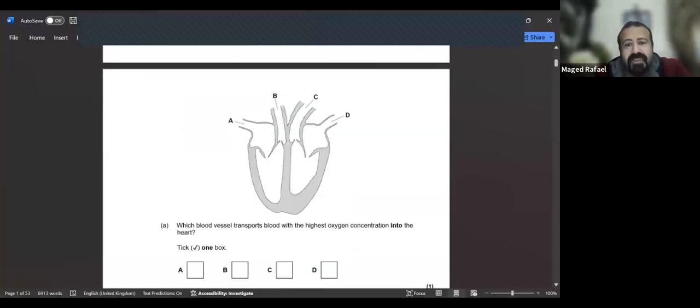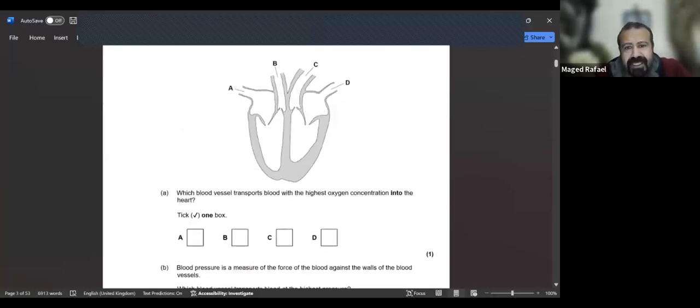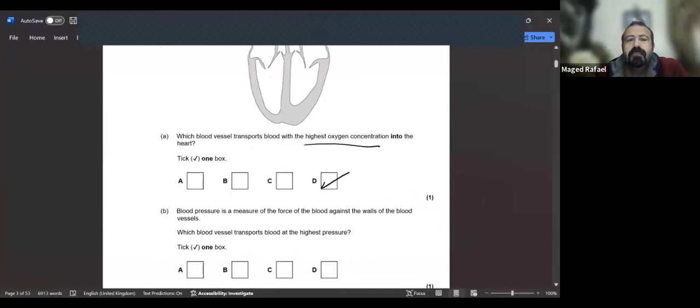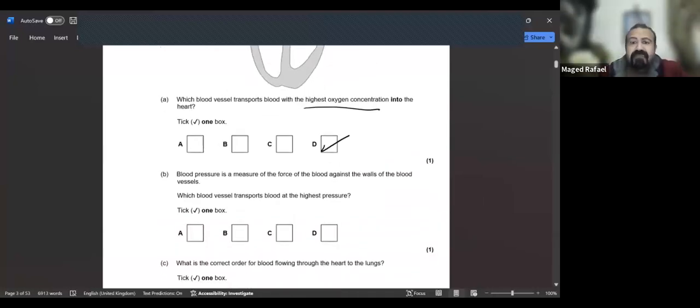Let's go to question 2. We have answered this question. I think the highest oxygen concentration is in the blood vessel which is coming from the lungs to the heart, which is D. Blood pressure is a measure of the force of the blood against the walls of the blood vessels.